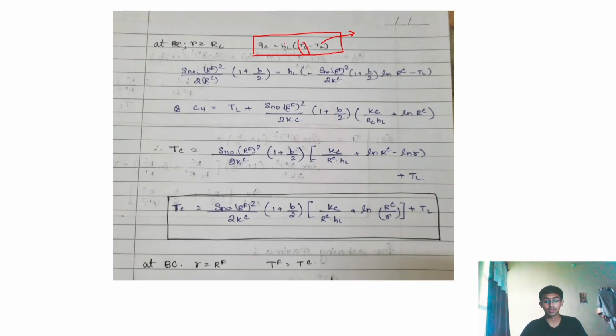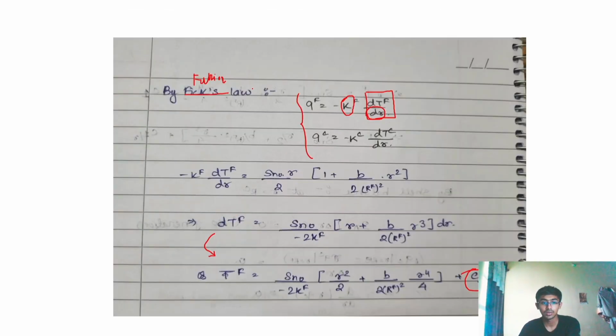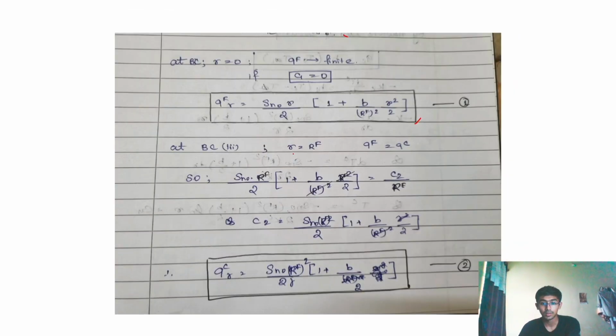H will be the heat transfer coefficient, and QC is that flux. So we substitute that value at R equals to RC, and put the value of QC.